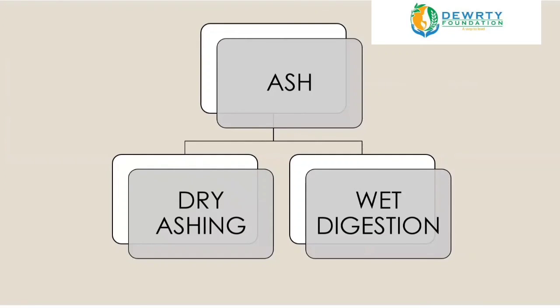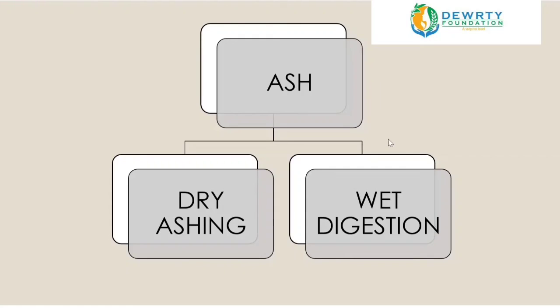In wet digestion, we use highly concentrated acids like sulfuric acid. This method is also known as acid mineralization. In this, we take the ash and treat it with the concentrated acid.